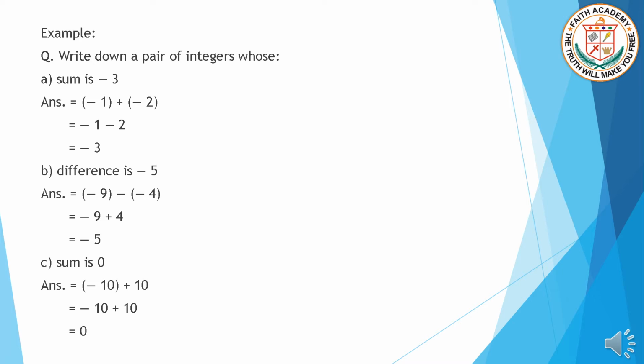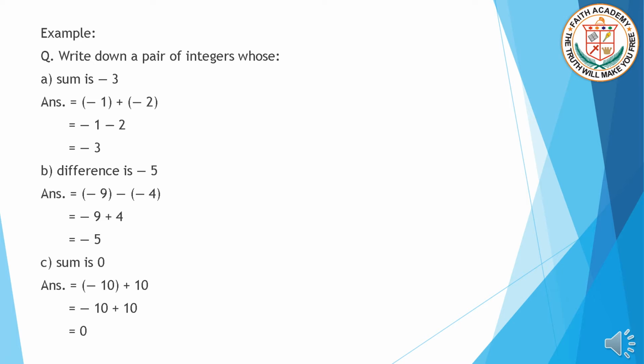Now the second question says that the difference is minus 5. Again children, you have to remember that you can take any pair of integers provided the difference should be minus 5. Here I have taken minus 9 and minus 4. Minus 9 subtracted by minus 4.